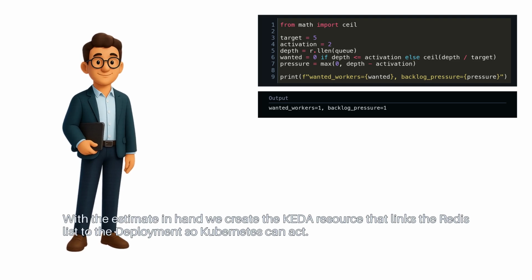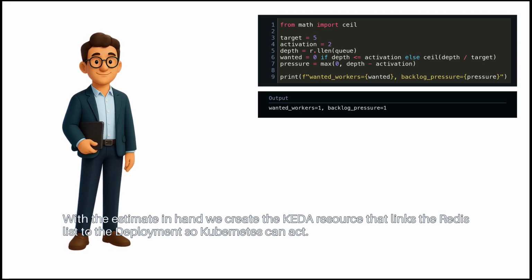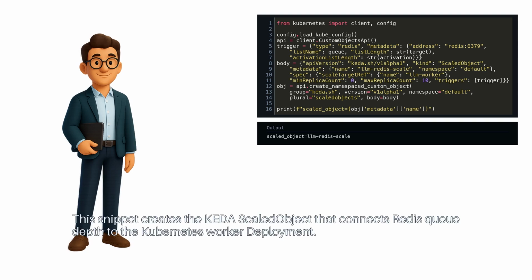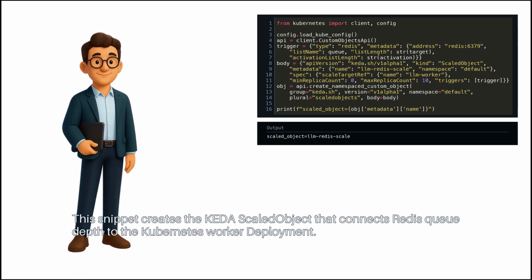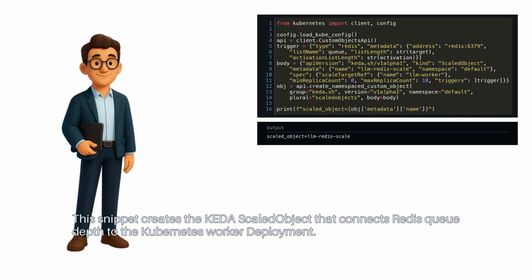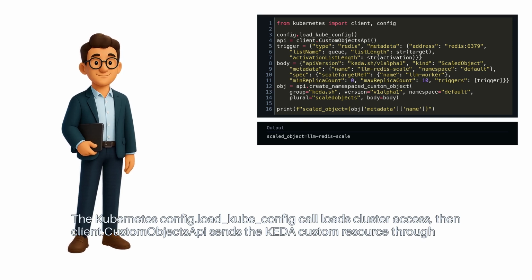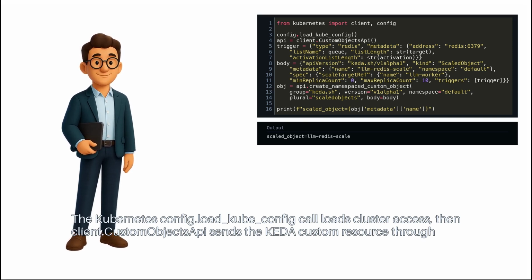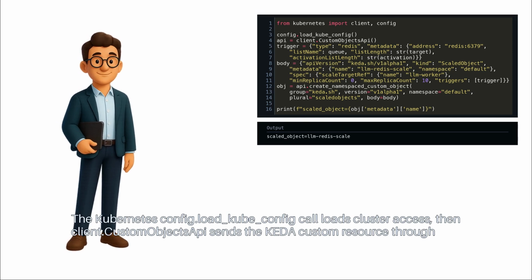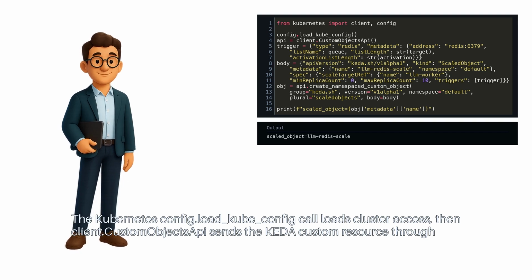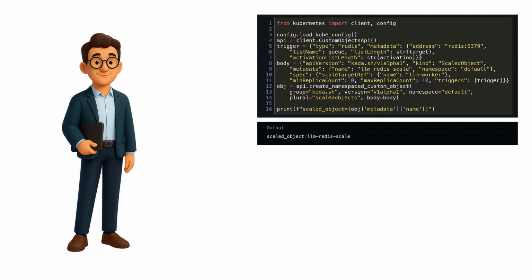With the estimate in hand, we create the KEDA resource that links the Redis list to the deployment, so Kubernetes can act. This snippet creates the KEDA ScaledObject that connects Redis queue depth to the Kubernetes worker deployment. The config.load_kube_config call loads cluster access. Then client.CustomObjectsApi sends the KEDA custom resource through create_namespaced_custom_object.